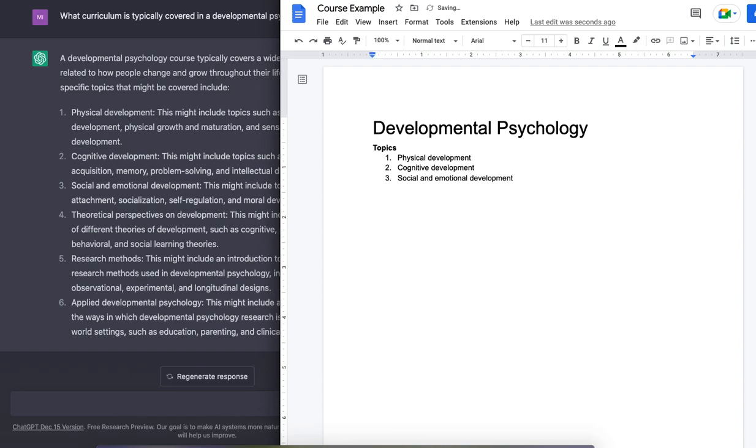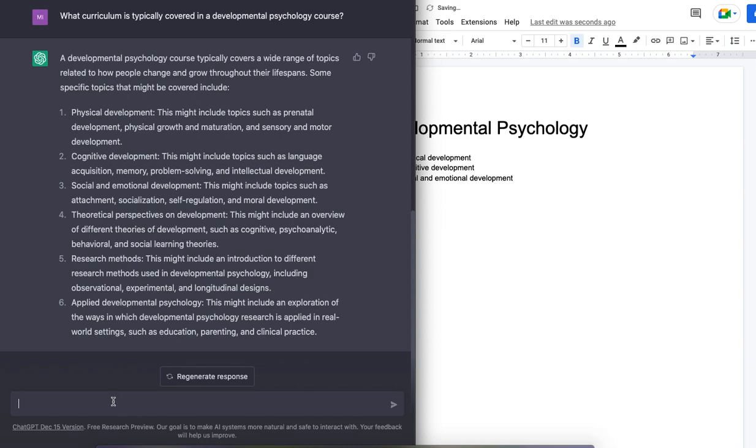So I'll stop there. And then another thing I would look at are textbooks, for example. So what are popular textbooks used to teach developmental psychology at university?